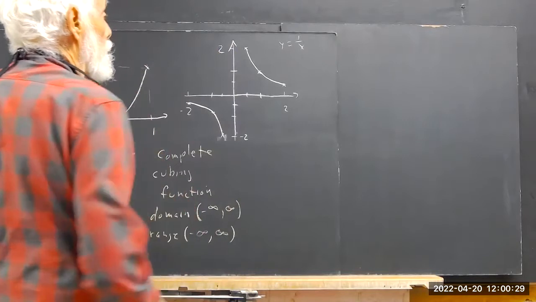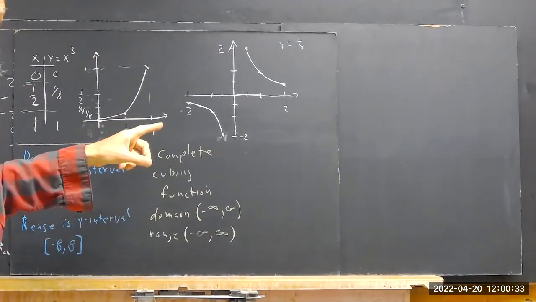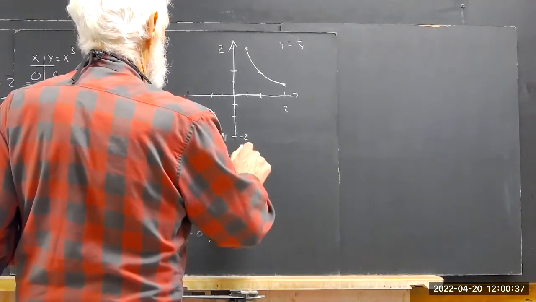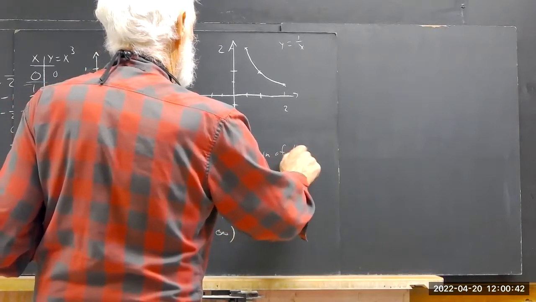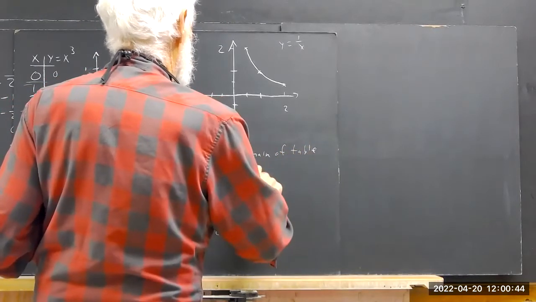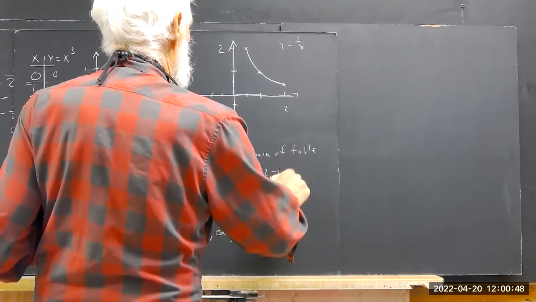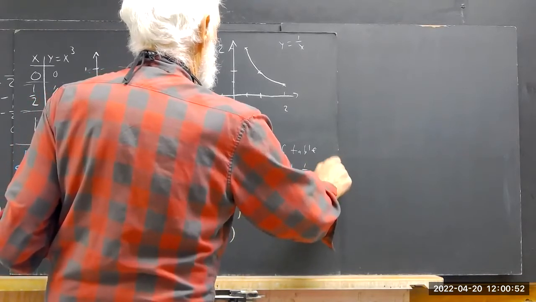Now I want to talk about the domain and range of this function. The domain of your table is just the numbers -2, -1, -1/2, 1/2, 1, 2.